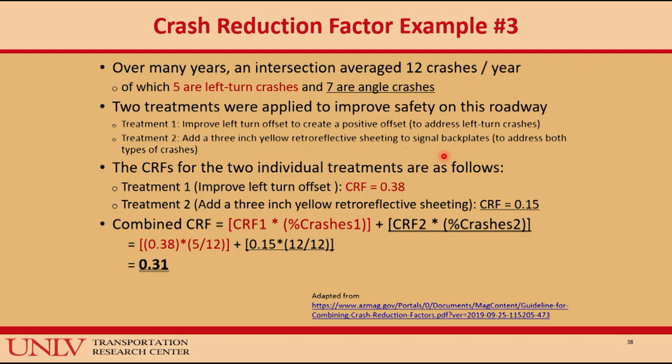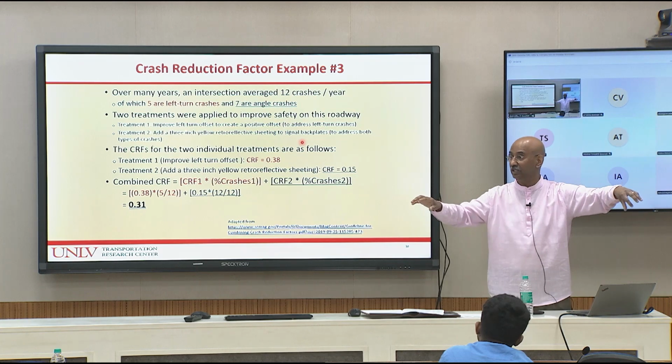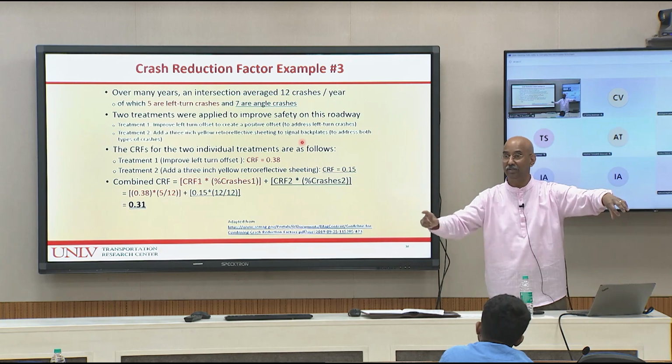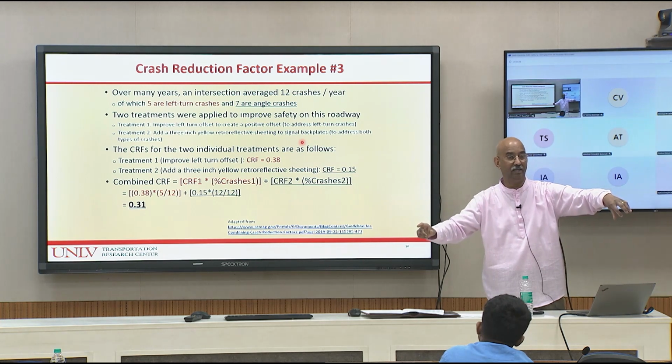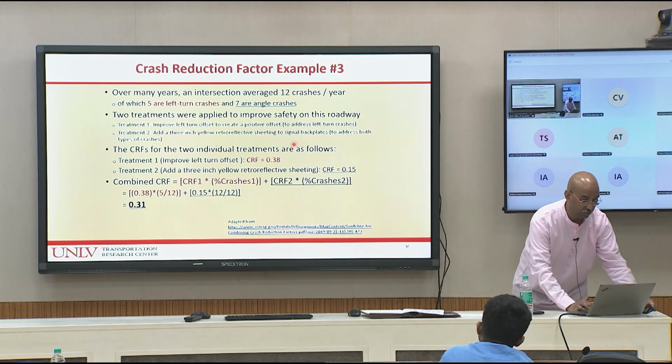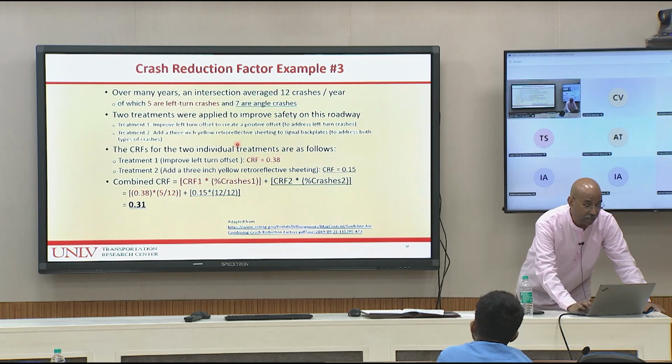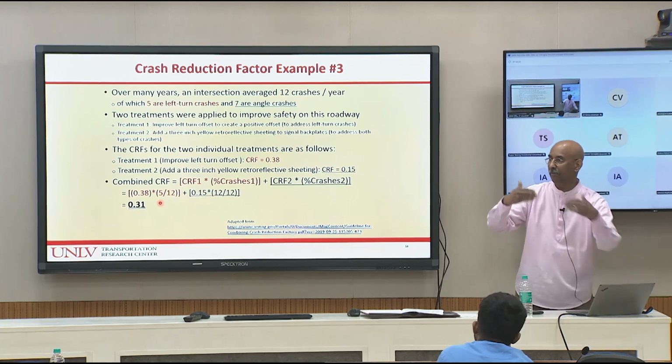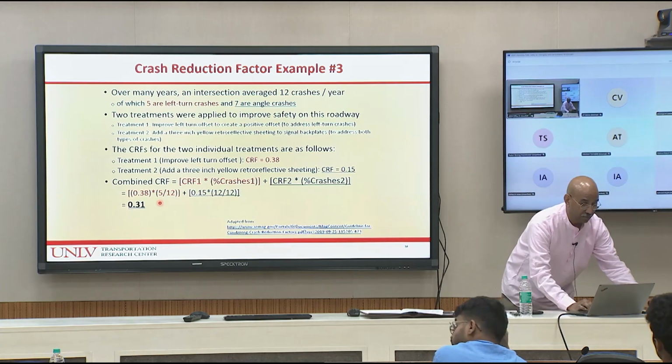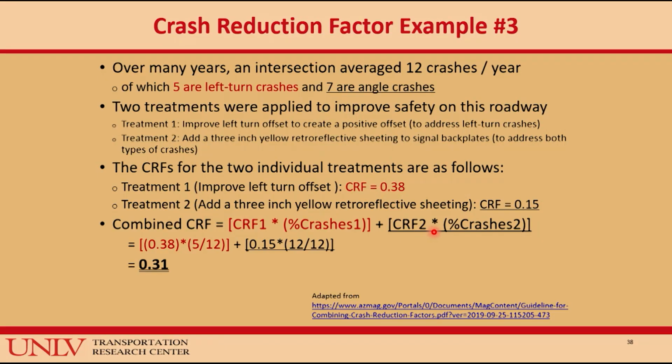So this is an example where I wanted to use one crash reduction factor applicable only for one set of problems. The other crash reduction factor applies to both situations at hand. So the 0.38 applies to the 5 out of 12 crashes. So I am just getting a proportion, whereas the reflective treatment will benefit both problems. So the combined CRF is 0.31.